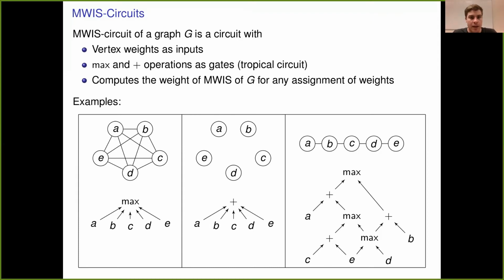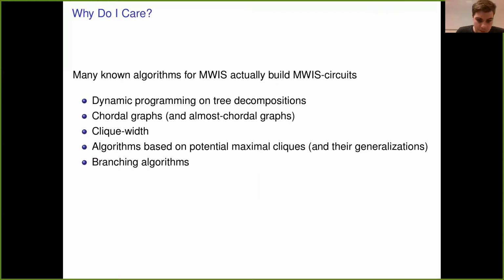So why do I care about MWIS circuits? Maximum weight independent set is a fundamental weighted optimization problem, and many algorithms for maximum weight independent set, and for independent set also, actually implicitly build MWIS circuits.